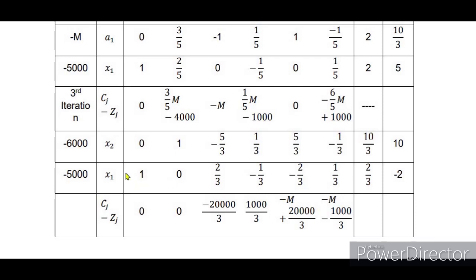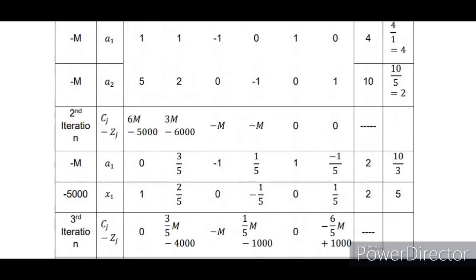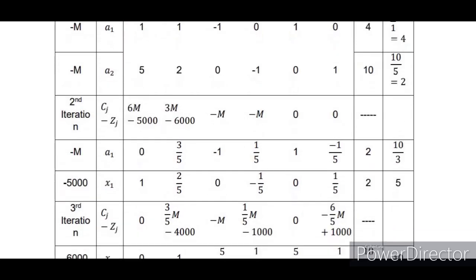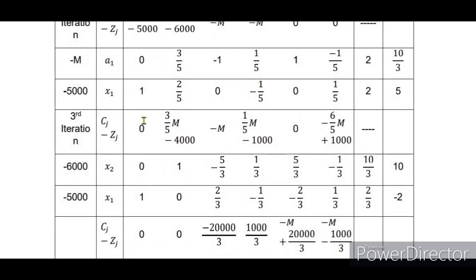So 0 plus negative 5,000 is negative 5,000. We will subtract it from the value associated with x sub 1, which is negative 5,000. So it will be negative 5,000 minus negative 5,000, so it will be 0.